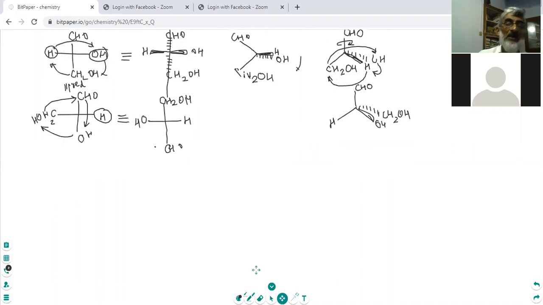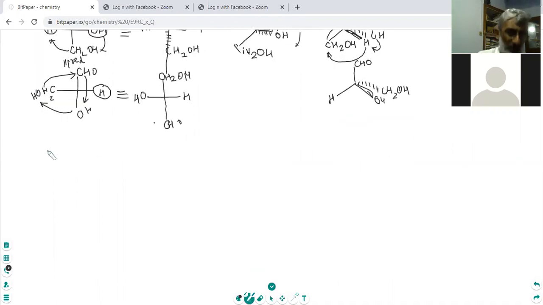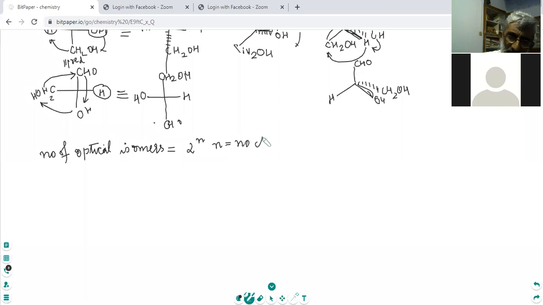The number of stereoisomers or optical isomers equals 2 to the power of n, where n is the number of chiral carbons in a molecule.